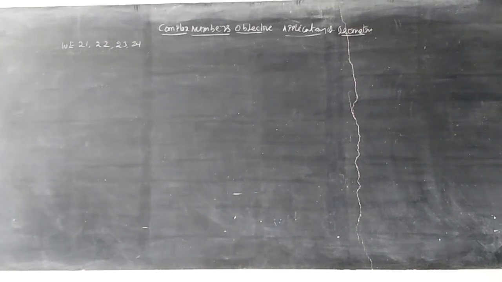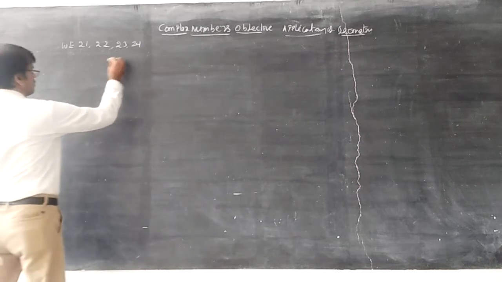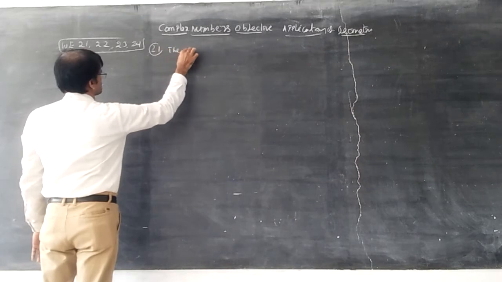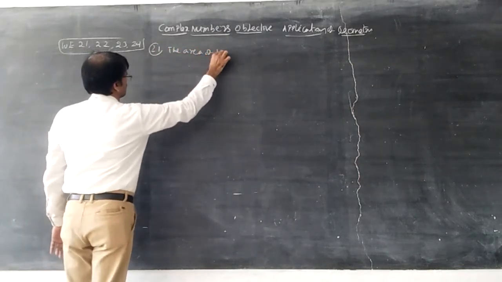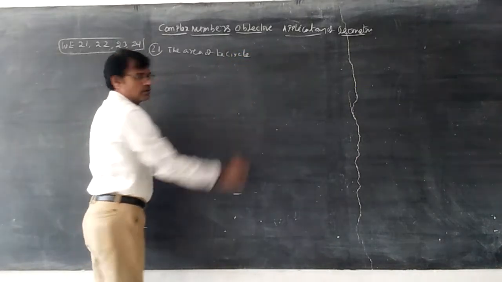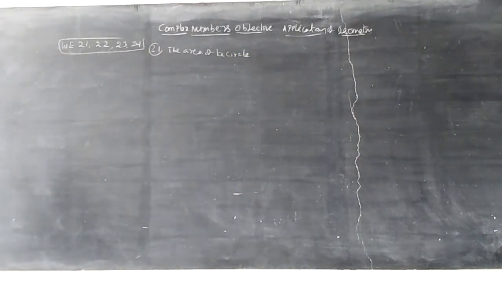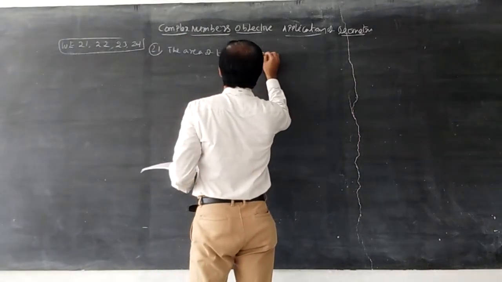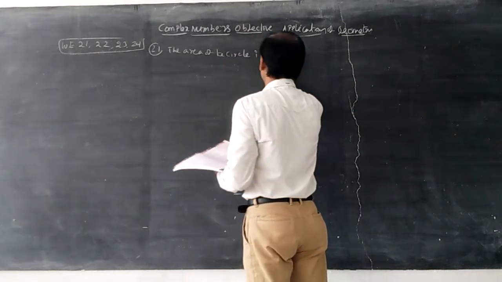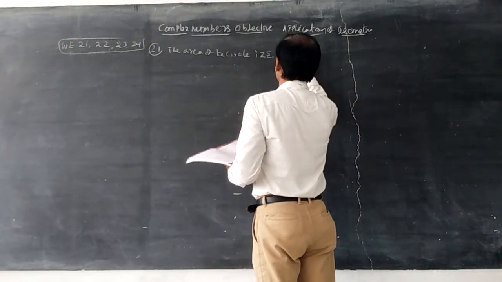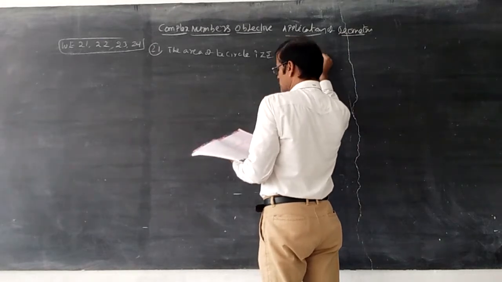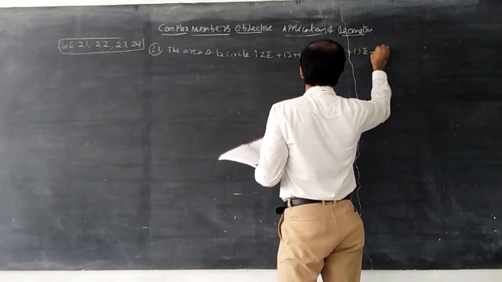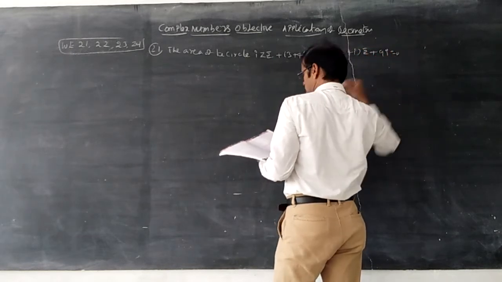Two methods I will discuss with you. Worked example 21: the area of the circle i z z bar plus (3 plus 4i) z minus (3 minus 4i) z bar plus 9i is equal to 0.